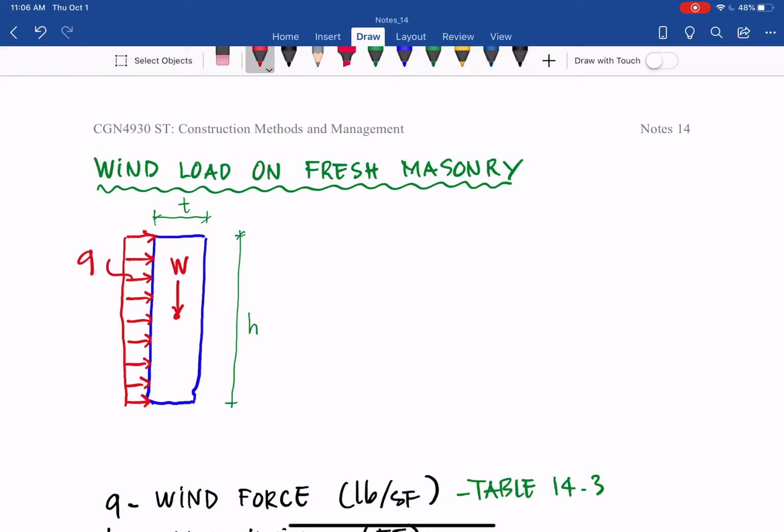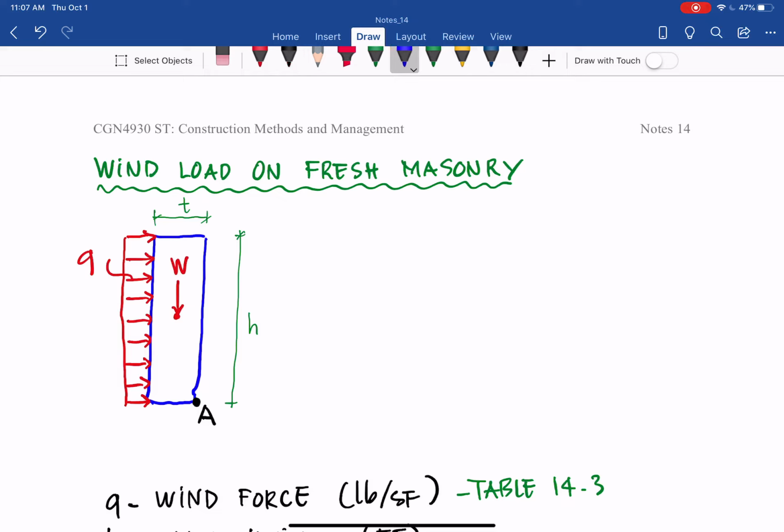Then if we have that wind applied, the wall, if it tips, will tip at the endpoint A. I'll show you there. To not tip or overturn this fresh wall, we need the resistance moment to be greater than or equal to the overturning moment.